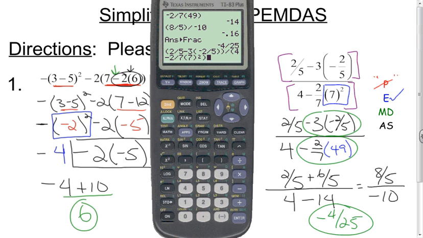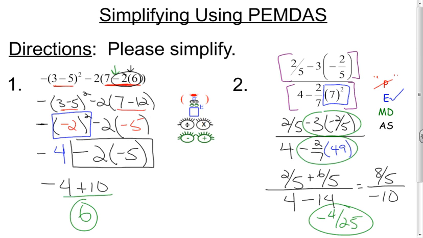Okay? So we get -0.16, which as a fraction is -4/25.